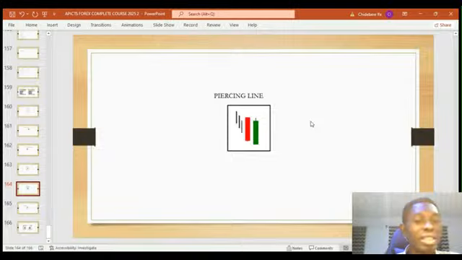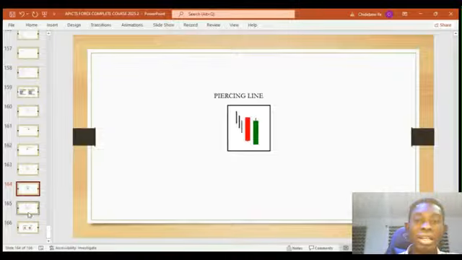Now, the opposite of it is what we call the dark cloud cover. The market is buying. All of a sudden, at a resistance, a bearish candle, a red candle, forms and begins to sell, and then it eventually closes below 50% of the size of the previous candle.